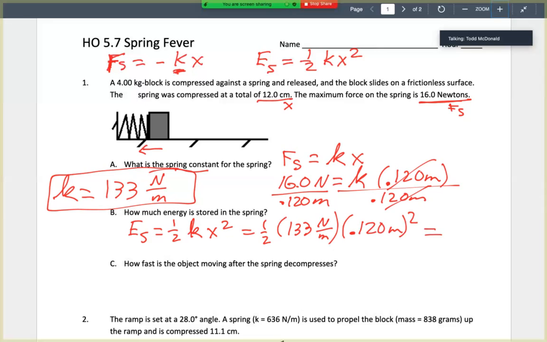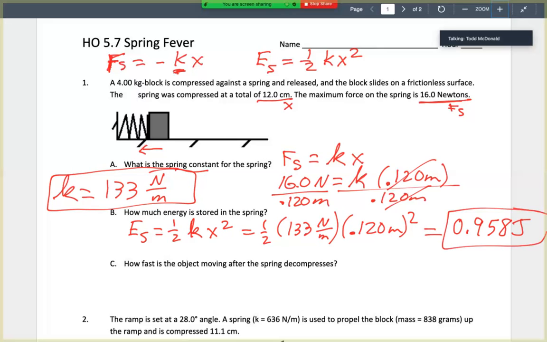So when you punch this into a calculator, 0.120 squared times 133 times 0.5, that gives us, 3 sig figs, 0.958 joules of energy. Okay.